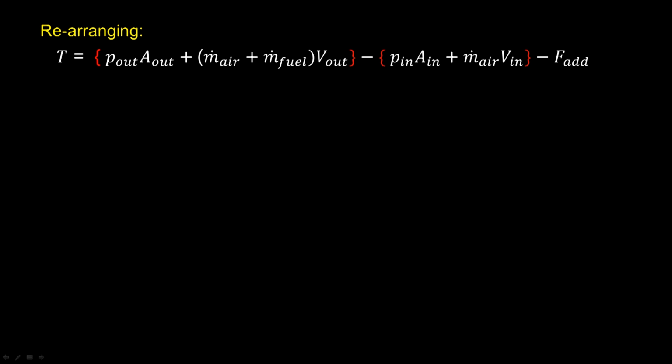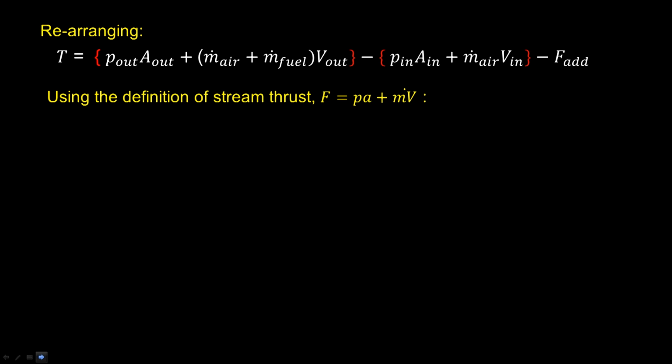Now, you will notice that each of these terms in the red brackets are in the form of a pressure times an area plus a mass flow rate times a velocity. All these terms have units of force, and together they are known as the stream thrust. Now, the stream thrust, and we'll use F to indicate that, is defined as pressure times area plus m dot v in a particular stream of some kind.